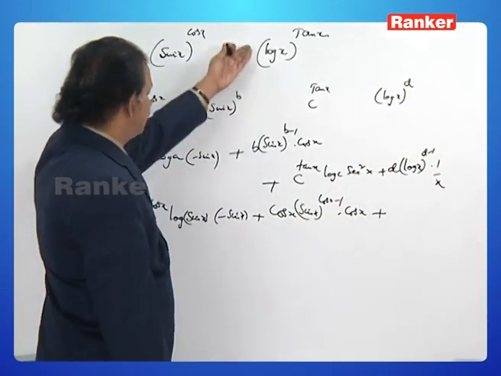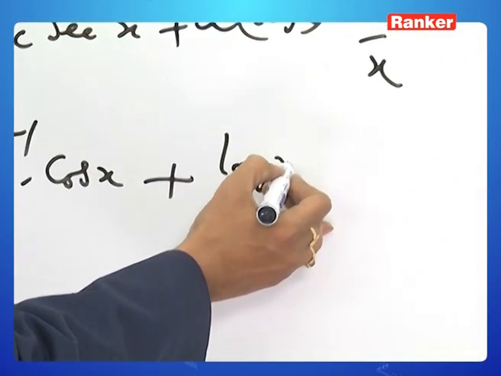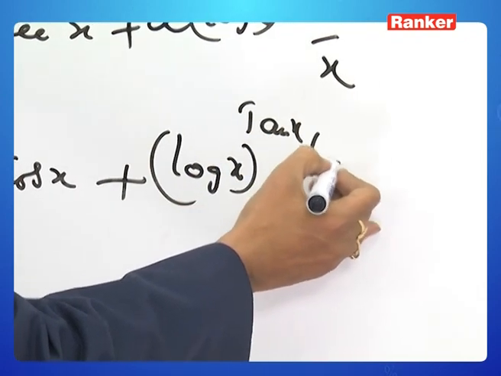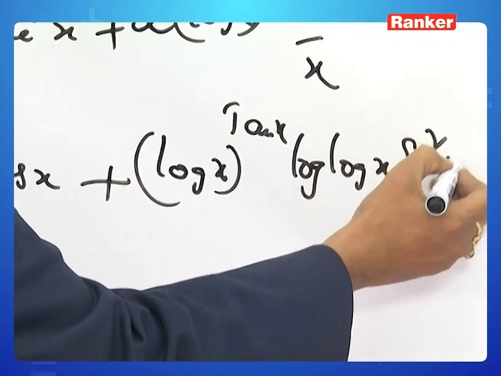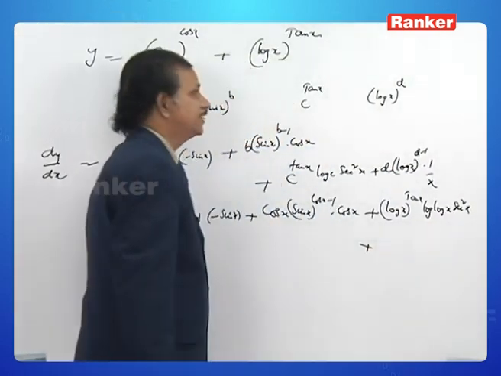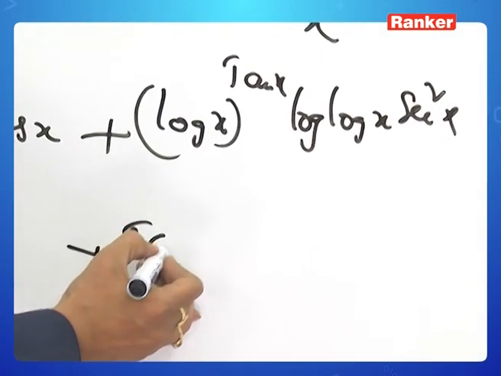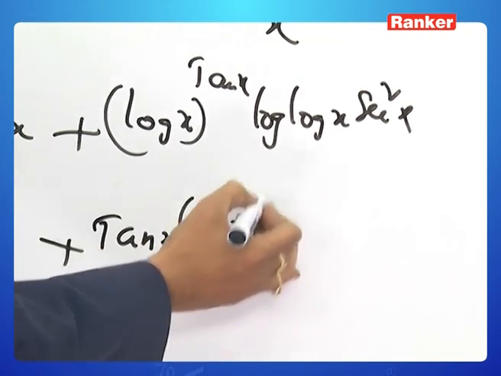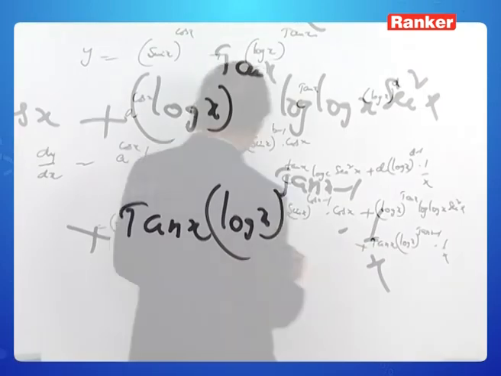What is c? It is log x. Log x whole power tan x into log of log x into secant square x. What is d? D is nothing but tan x. Tan x into log x whole power tan x minus 1 into 1 by x.